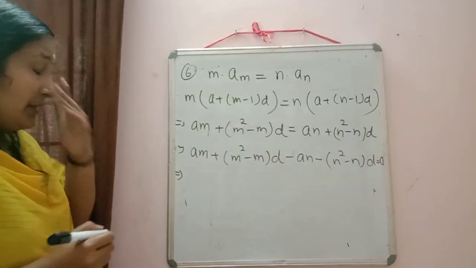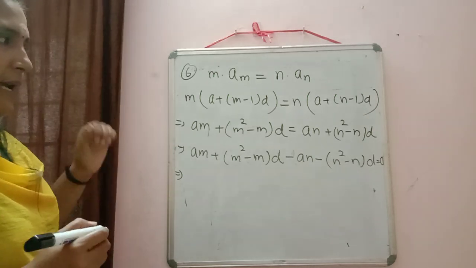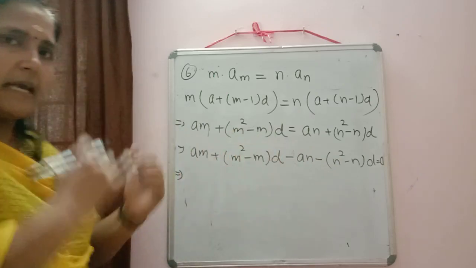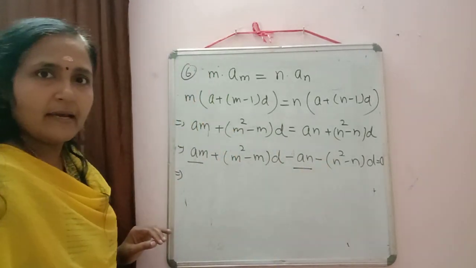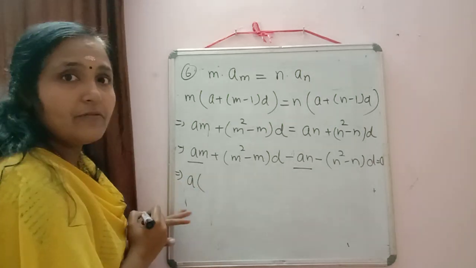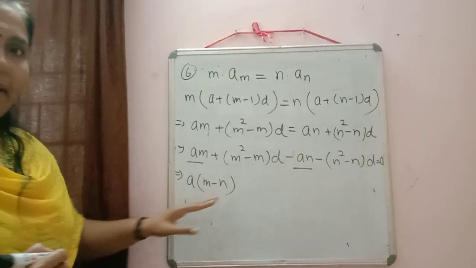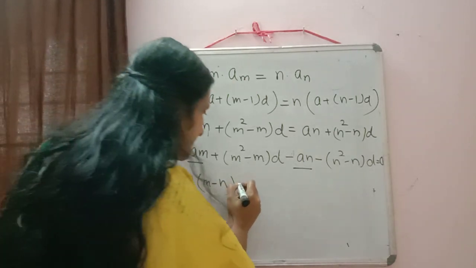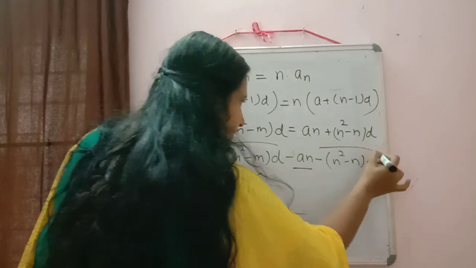Now what we will do, in which term a is there, that terms we will take a common, and in which term d is there, from there we will take d common. So from these two, what I am taking common? A. Inside the bracket what will remain? Yes, remaining will be equal to m minus n, plus d also taking common from these two terms.